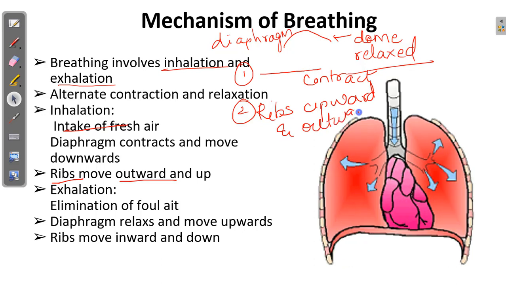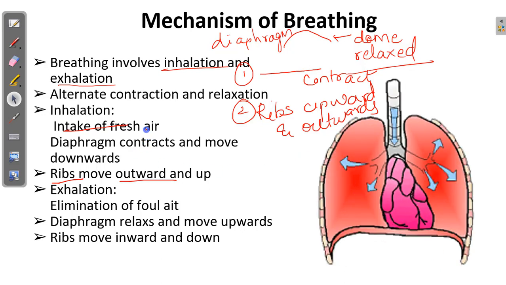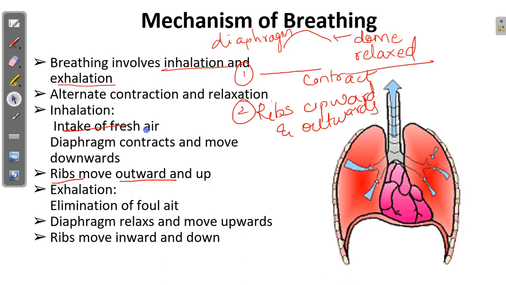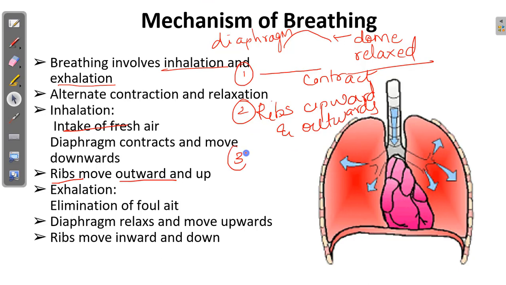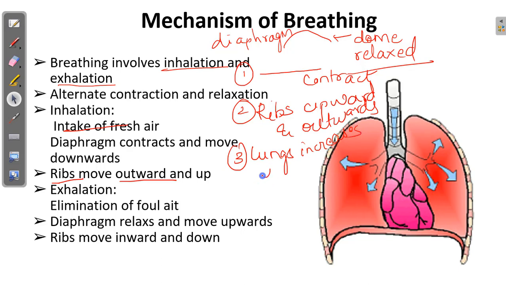If the ribs are coming out, the lungs will also get some space, right? So what happens? The lungs become enlarged. The lungs increase in size, and because the lungs increase in size, what happens? The volume increases. Lungs increase in size, or you can say lungs expand.